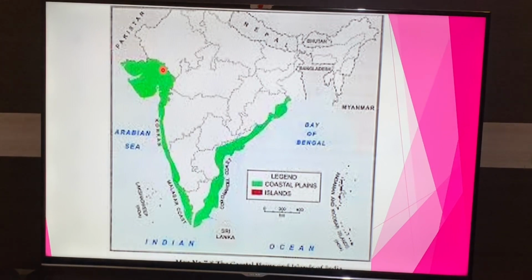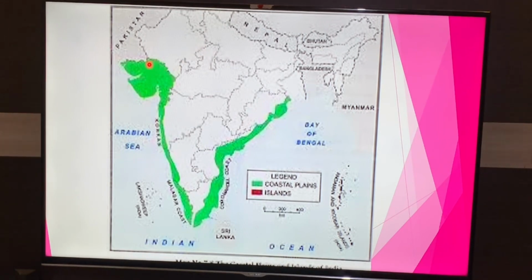The Western Ghats are parallel to the West Coastal Plain. And Eastern Ghats are parallel to the East Coast.